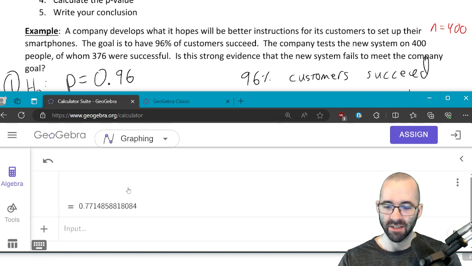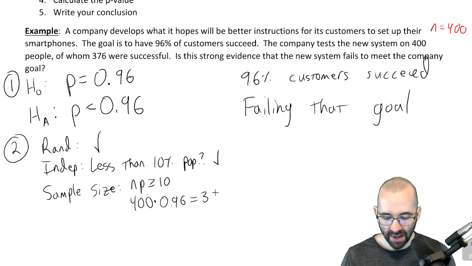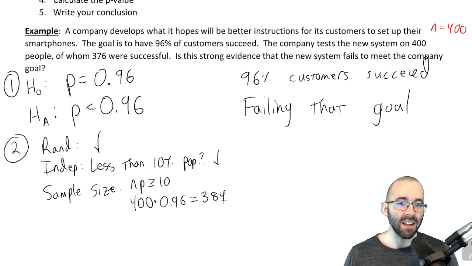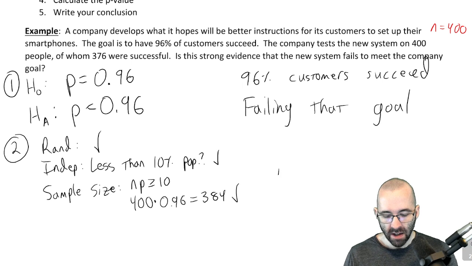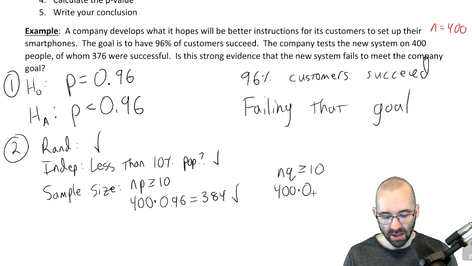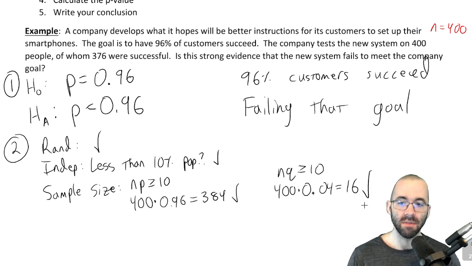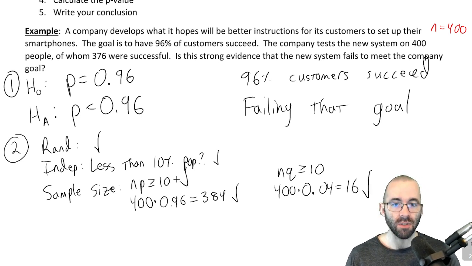I think I know what it is. 384. That was my guess. That is at least 10. That's great. And we need to expect at least 10 failures as well. Well, 400 times 0.04, sorry, the failure is 0.04. That's going to be 16 people. It's barely over 10, but it is over 10. Great, so we can use the central limit theorem.